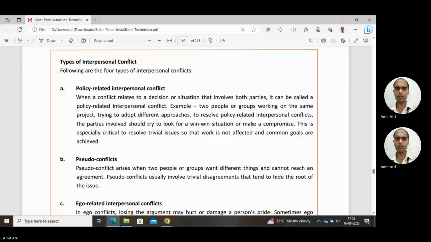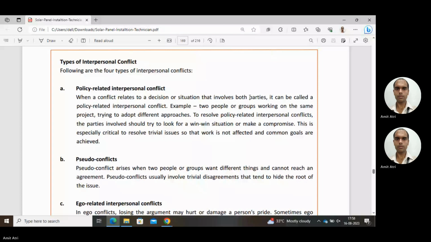Next is ego-related interpersonal conflicts. Very common with human nature, the ego. Losing an argument may hurt or damage a person's pride. The argument is going on and someone lost it. It may hurt him. Ego conflicts may also arise when a number of small conflicts pile up by being left unresolved.